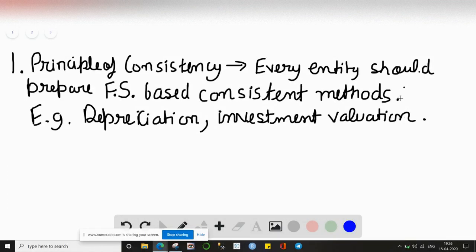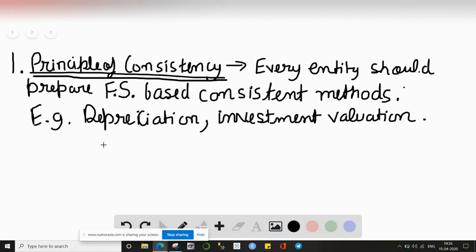Now, when an entity follows the principle of consistency, the entity automatically enables its financial statements over a number of years to be compared by different types of persons like investors, stakeholders, accounting authorities, monetary authorities, and many more.